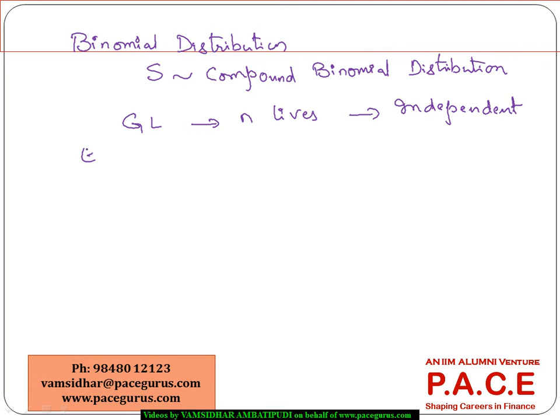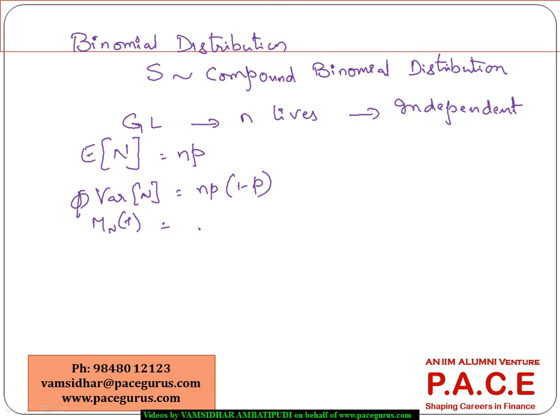So in that case, we know that for a binomial distribution the expected value of N, the mean, is np, the variance of N comes out as np times (1 minus p), and the moment generating function of N is nothing but (p e^t + 1 minus p) to the power n.